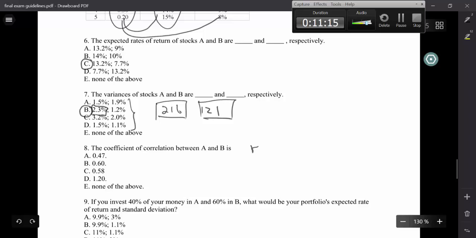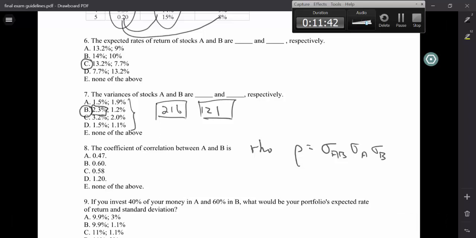It's the Greek letter rho, which is displayed like this, which is actually the covariance multiplied by the individual sigmas, sigma A, sigma B. Let me just check the numbers for a moment.